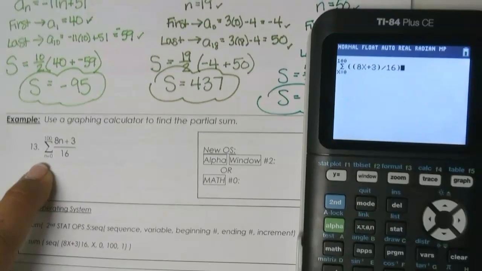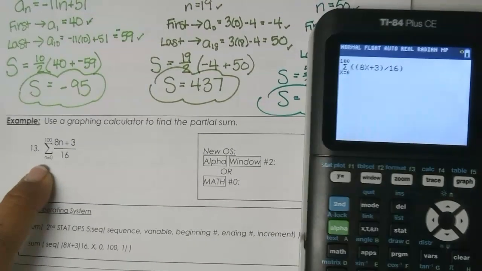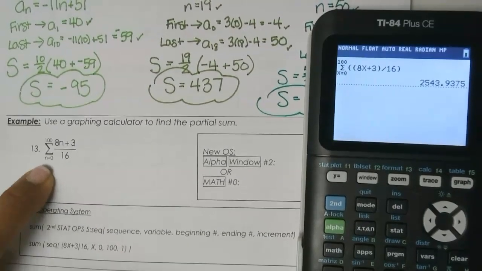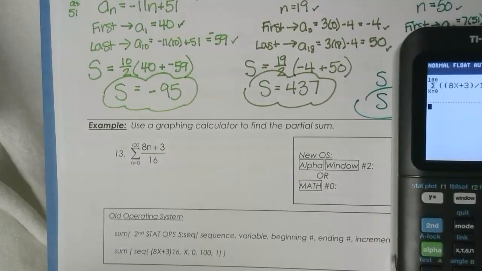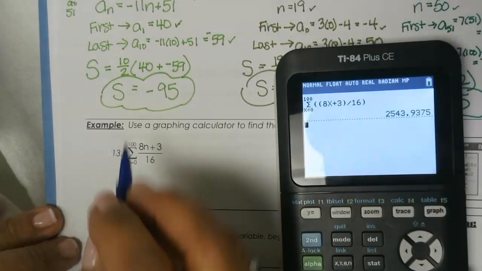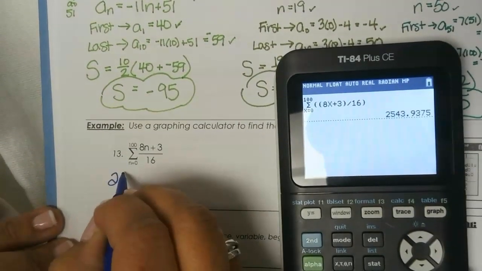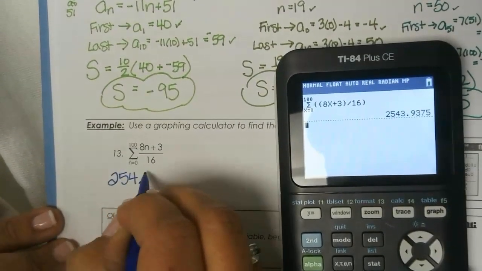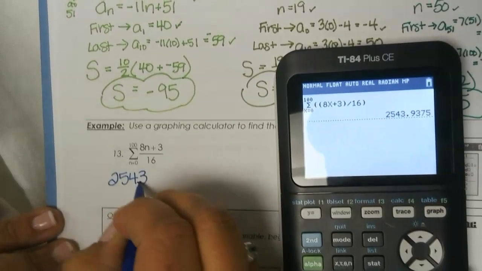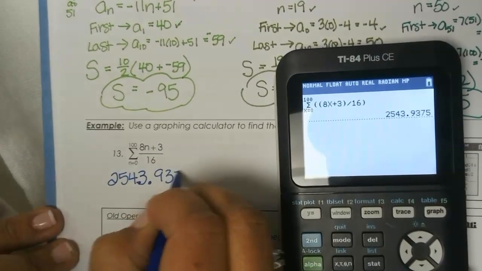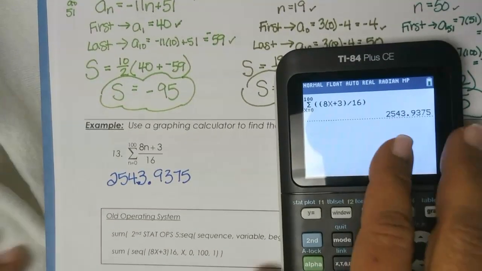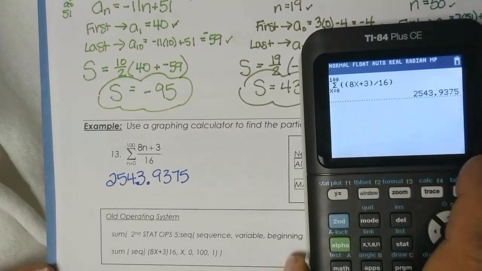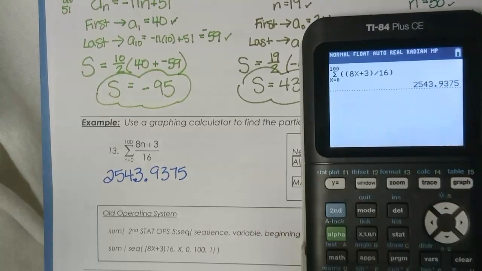So you do have to be careful with the parentheses, but it'll give you this value. Okay, so notice that it does tell us that our value is 2,543.9375.